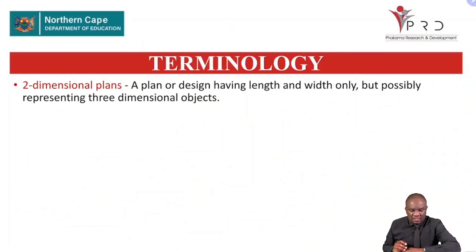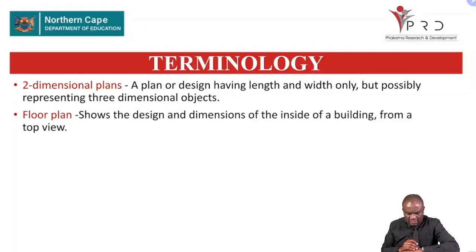So the plan or design having length and width only, but possibly representing three-dimensional objects. I'm drawing something on a piece of paper. I can only see two dimensions there, length and width. There's no height, unless I draw the 3D one. But if it's just plain like that, it's just 2D. Okay, right, I'll give you examples later.